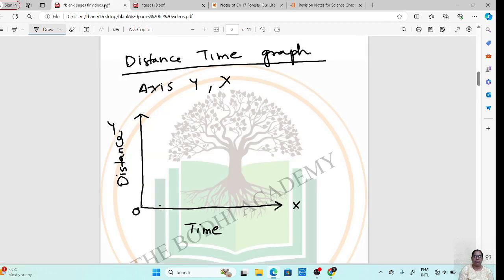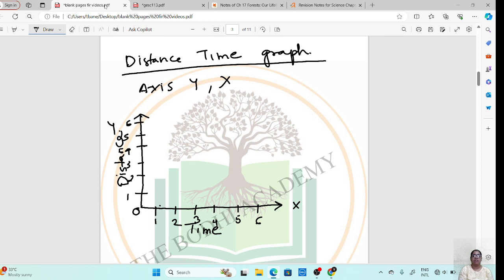The values we have to write of time. So it is starting from 1. So this will be your first 1, then again 2, then 3, 4, 5 and 6. Again here it is covering the distance 1, 2, 3, 4, 5 and 6.